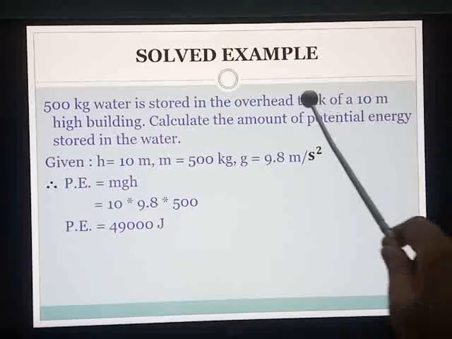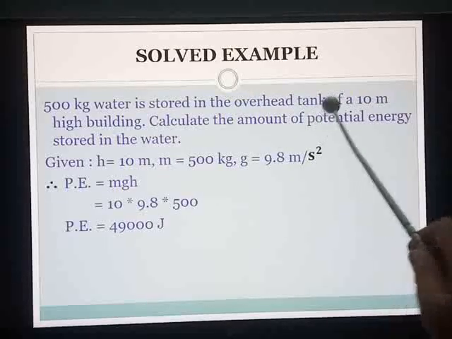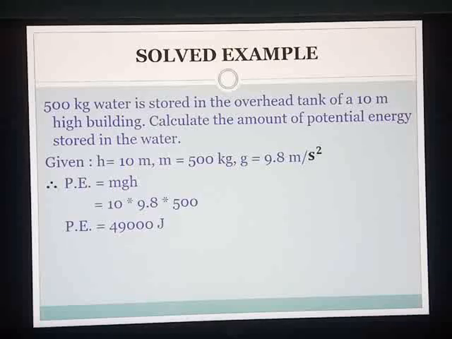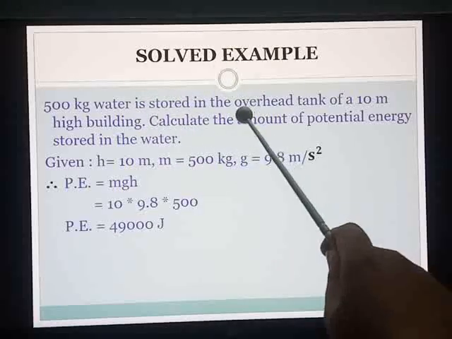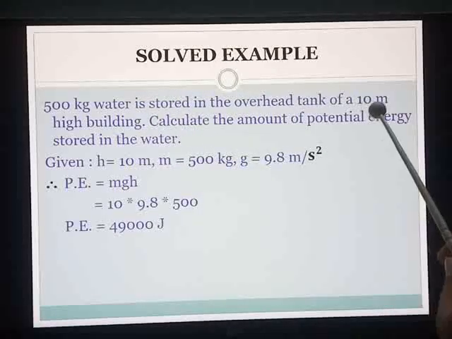They have purposely mentioned the word because if they only mention tank, then the tank can be placed at the earth's surface also. But they have said overhead, means due to the height, the water is already having potential energy. So 500 kg of water is stored in an overhead tank of a 10 meters high building.